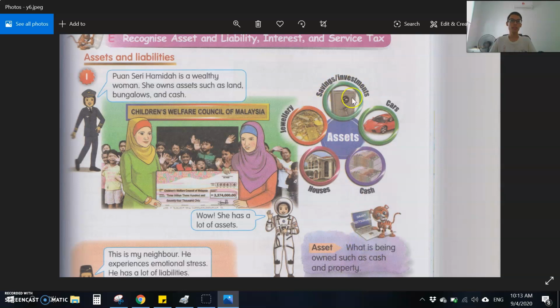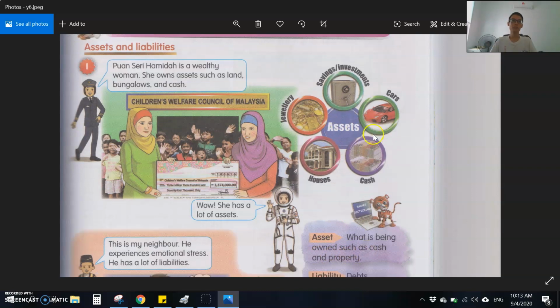It can be savings in your bank, or investments you have. Whether it's amanah saham or you invest in stocks, saham, all these are assets. Cars, your cash, your houses, your jewelry, and if you have gold, gold is also an asset. So the definition of asset is what is being owned, such as cash and property.